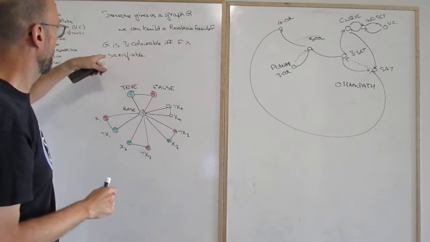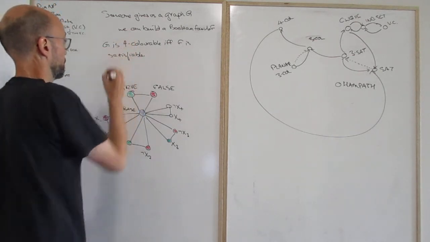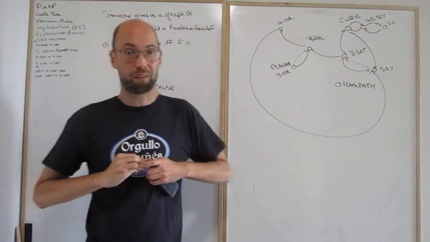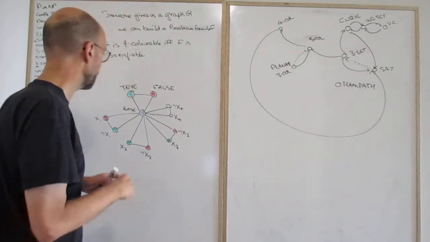So F is satisfiable if and only if G is 4 colorable. In fact, this would also work if it were 5 colorable, 6 colorable, whatever.